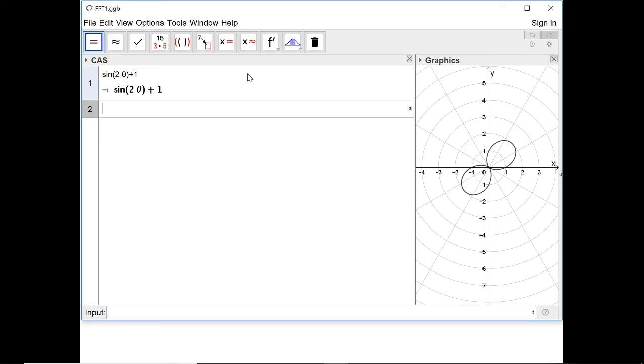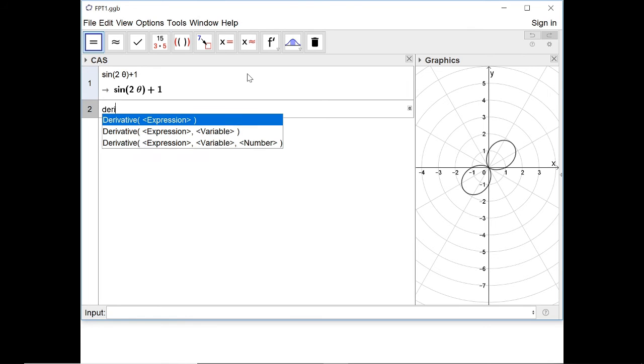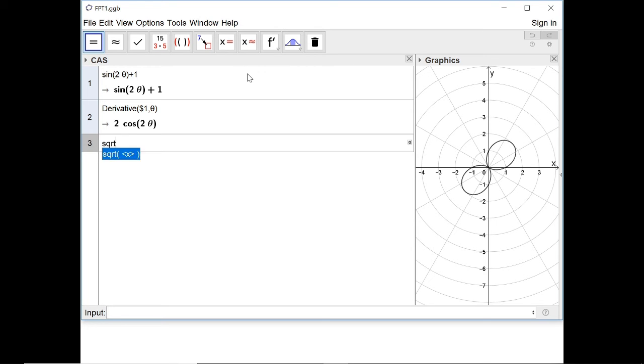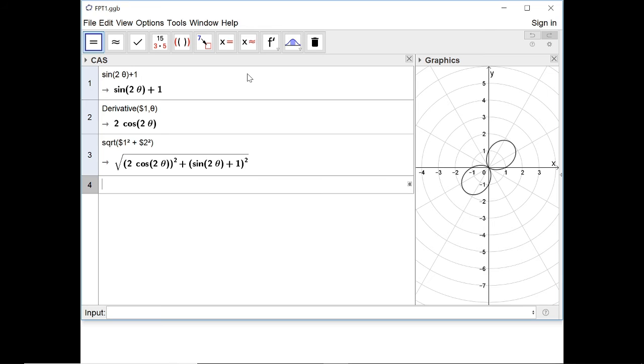And then I want the derivative of that, so the derivative of expression 1 with respect to theta, and that gives me 2 cos 2 theta. And now I want the square root of expression 1 squared, that's r squared, plus expression 2 squared, that's my dr by d theta all squared, and that gives me 2 cos 2 theta all squared plus sine 2 theta plus 1 all squared, all square rooted.